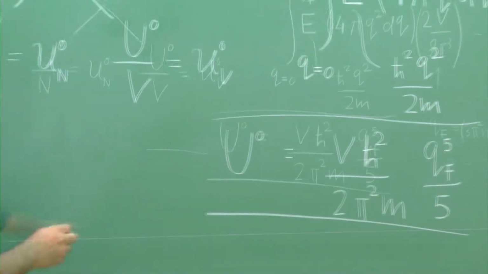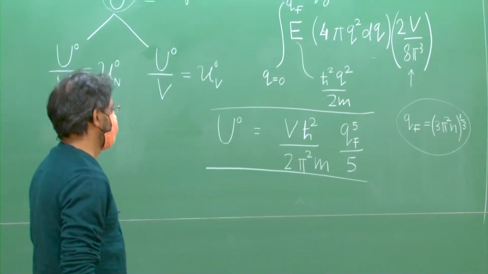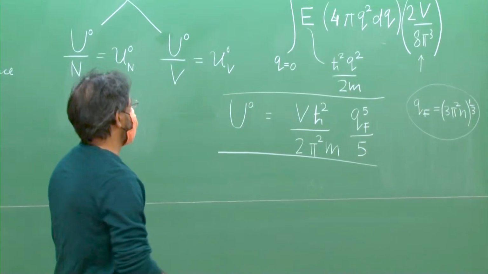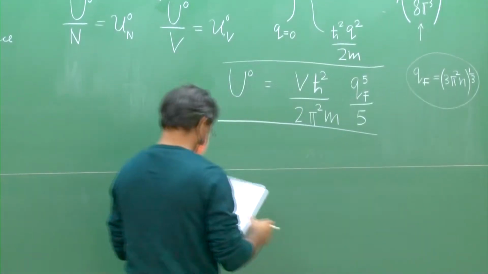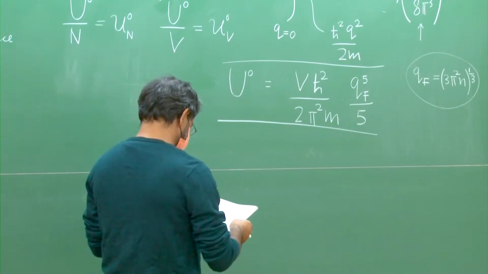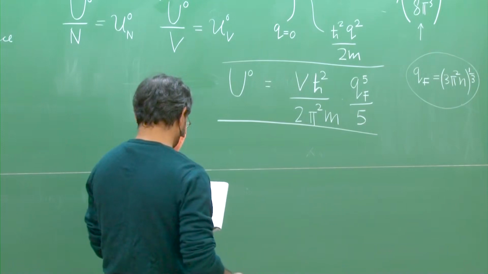So, everything is okay till this point. I will leave the intermediate steps, plug this in here, do the simplification, and you will get a lot of factors cancelled out.